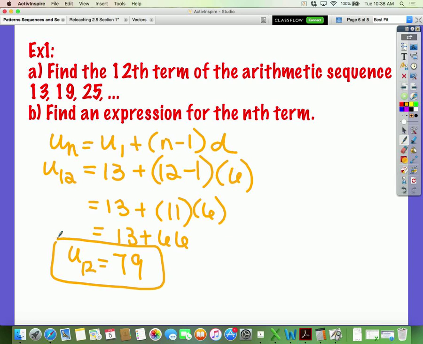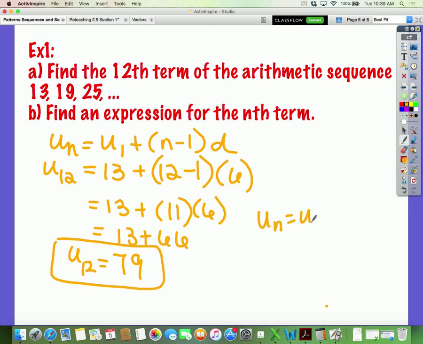Step 2. Now it says find the expression for the nth term. What does expression mean? An equation to represent the nth term, okay? So if I'm looking for an expression to represent the nth term, what variable am I not going to plug anything in for? n.